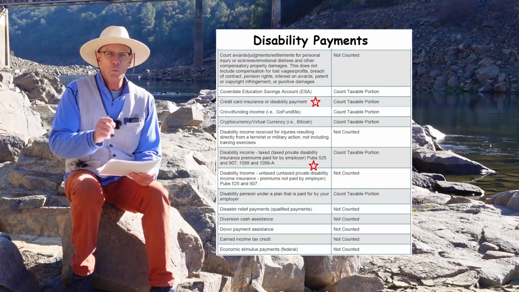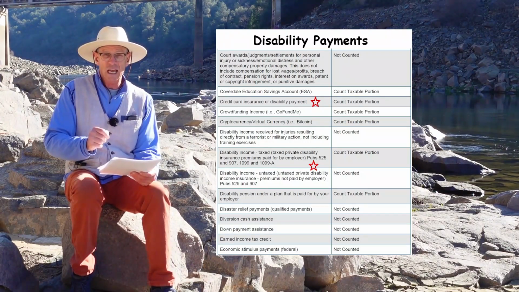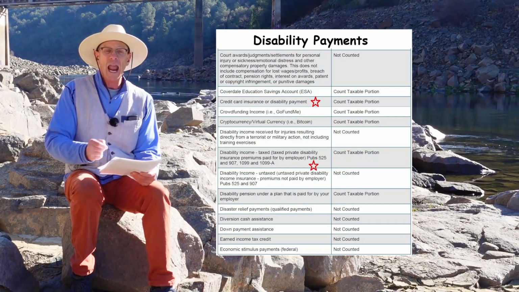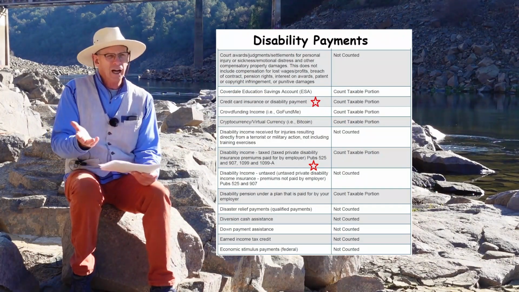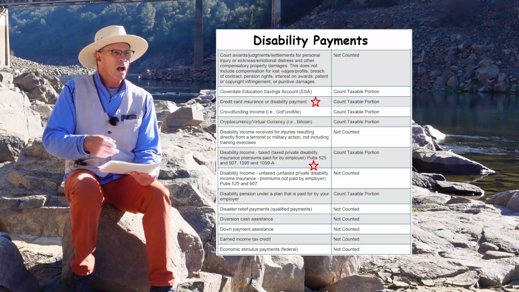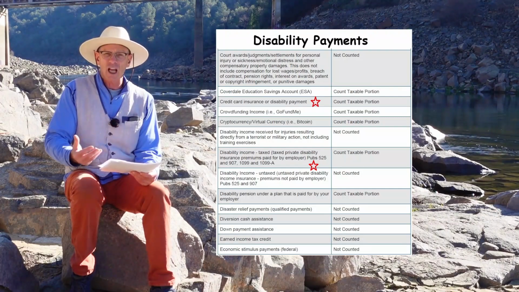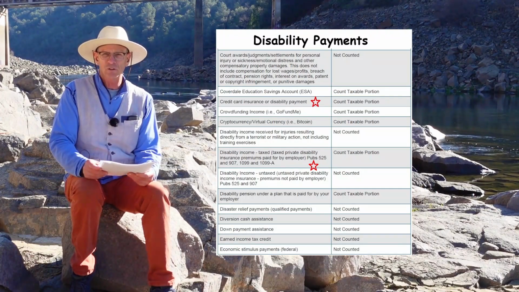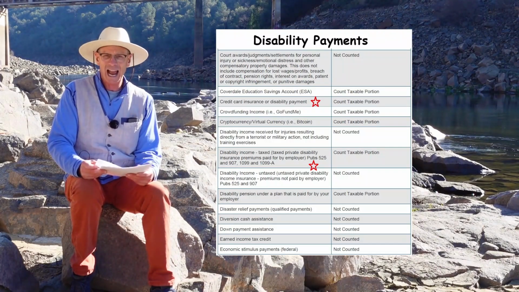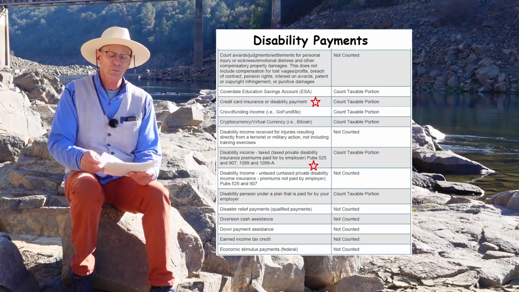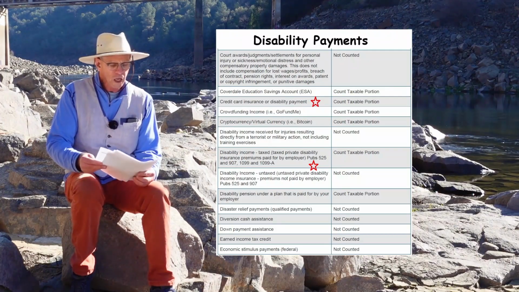If you paid for the disability policy and you're receiving benefits on that, it is not taxable. Kind of like life insurance. Life insurance is not taxable to the beneficiary. A lot of insurance benefits, health insurance, is not taxable, but it depends on who is paying for it.